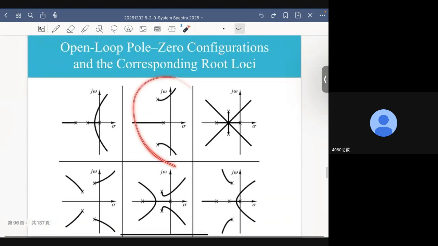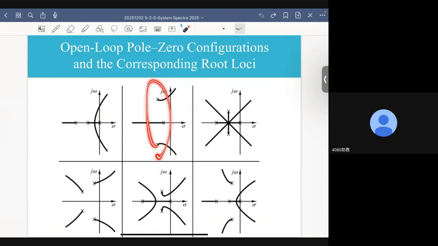This is another example. The difference between these 2 examples is that here I have 3 real poles in the open loop. Here I still have 3 poles. I'm still considering a third order system, but instead of 3 real poles, here I have a pair of complex conjugate poles for the closed loop.